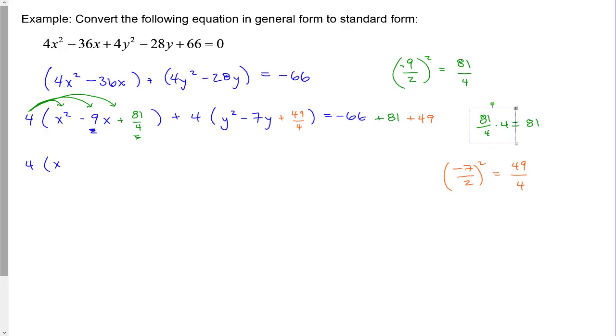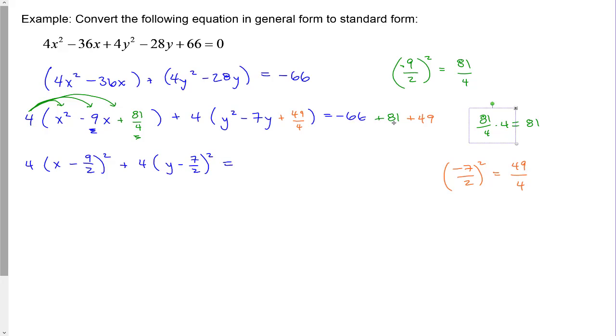So x minus this number divided by 2, quantity squared. And if you want to check it, go right ahead. You can FOIL this out. You'll find that this FOILs out exactly to x squared minus 9x plus 81/4. And similarly, this will factor into 4 times y minus half of this number, so 7/2, quantity squared.